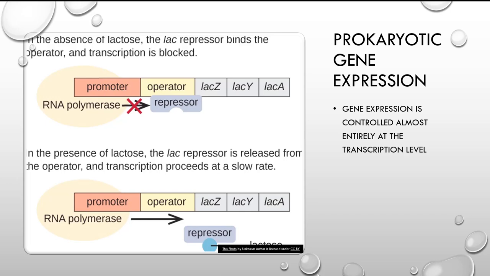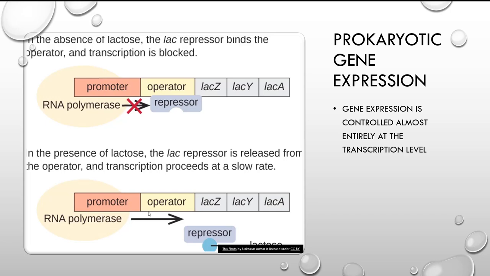So you can see how here the lactose is being expressed. The polymerase is going; if lactose is present, the lac repressor is released from the operator and transcription proceeds.